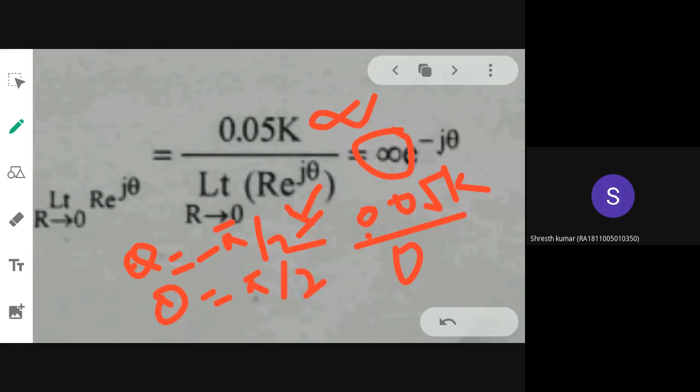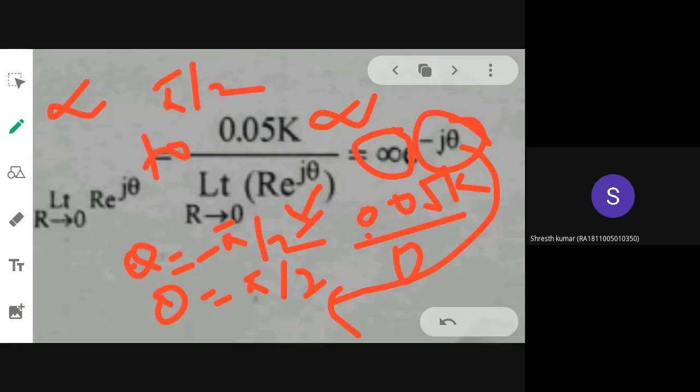If you take this e power j theta to the numerator, it will become e power minus j theta, and you apply theta equal to minus pi by 2 to plus pi by 2. Then for the map, the magnitude will be infinity, and the angle will be pi by 2 to minus pi by 2. So this will be the map that you have to draw.